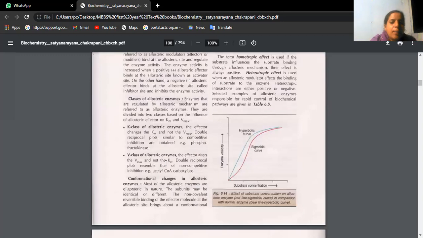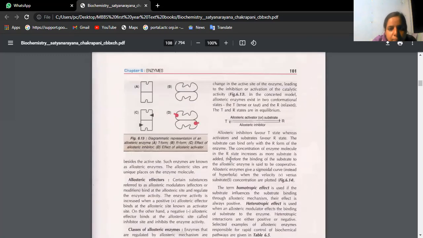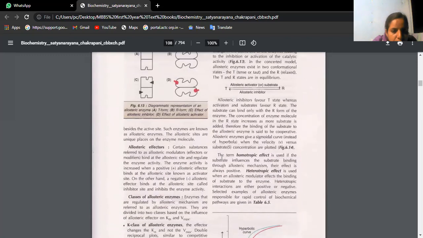These are enzymes that are regulated by allosteric mechanisms.